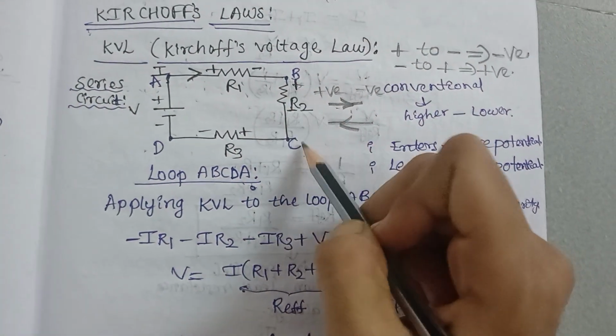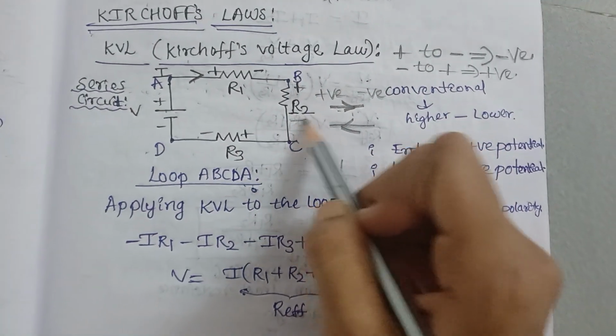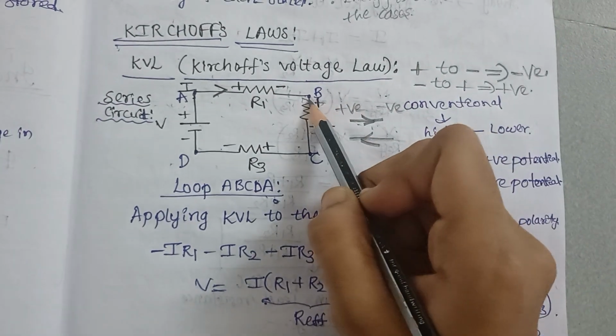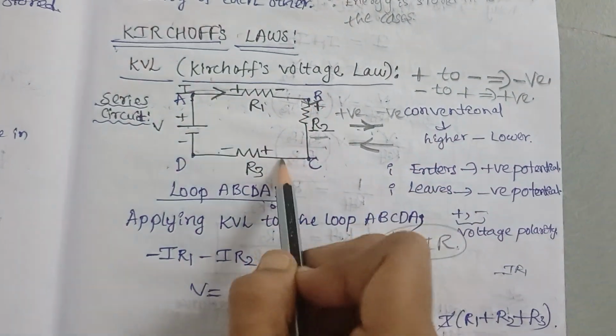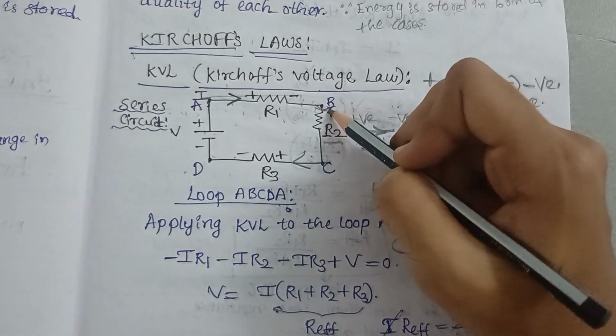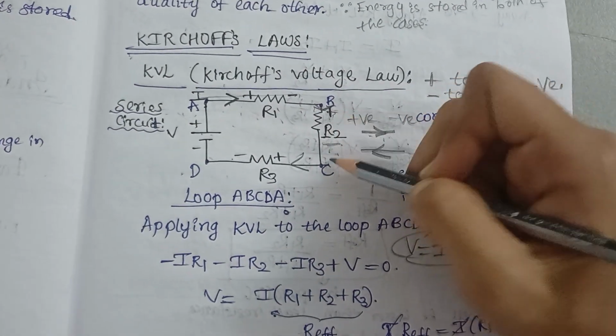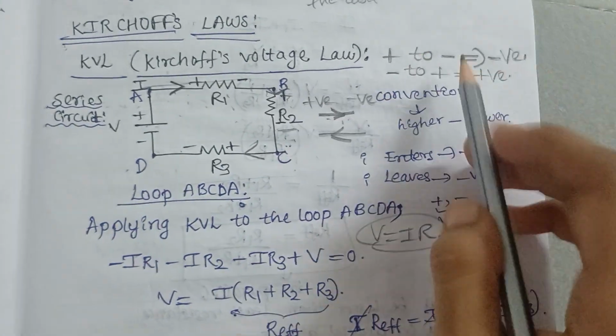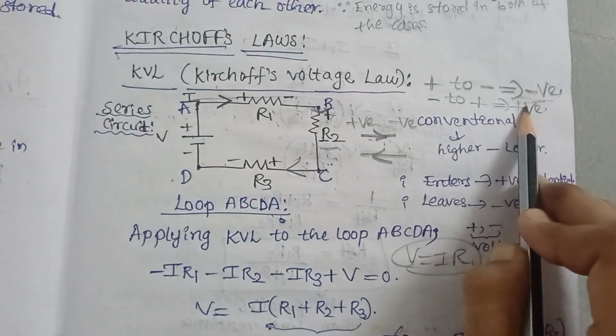Now coming to BC, here you have a resistor R2. Since again your current direction is in this way, as your current moves from positive to negative, it is again negative according to the sign convention.